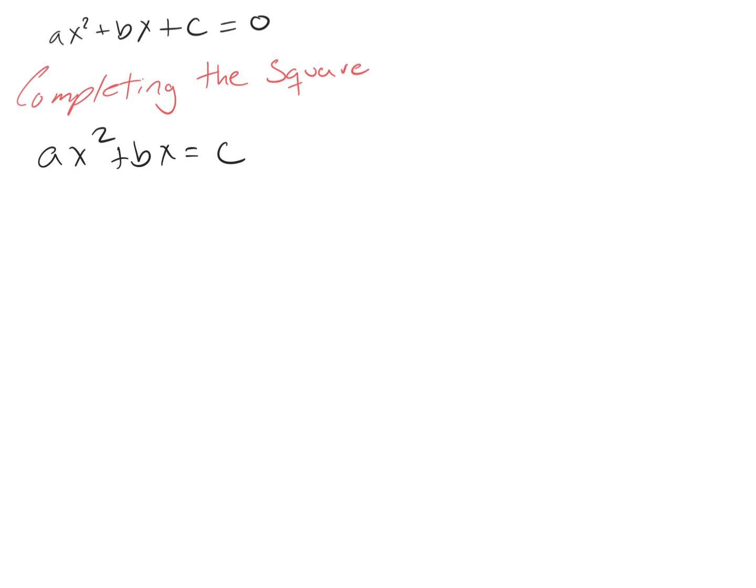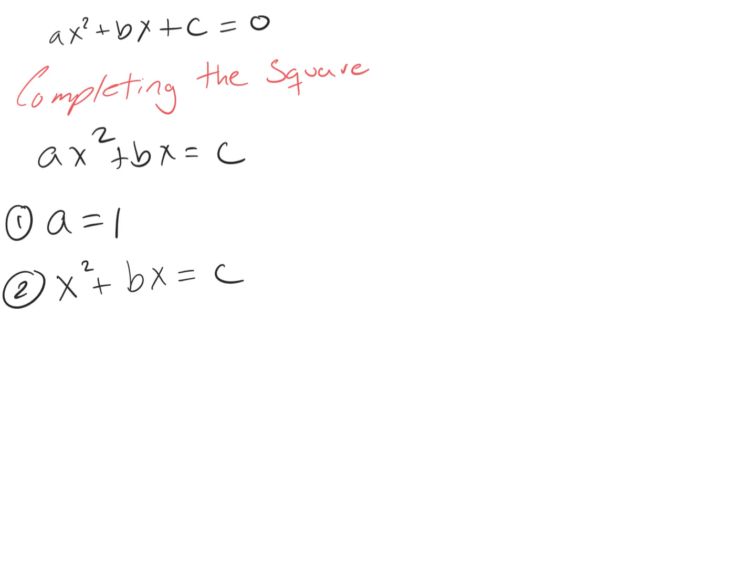Now, the first step, you want to make sure that your a is equal to 1. If it's not equal to 1, please divide everything by a. So you're left with the equation x squared plus bx equals c. We're going to go over how to do that, every single step, going step by step. Now, after we make sure that the a is 1, the second step is to write the quadratic into this form.